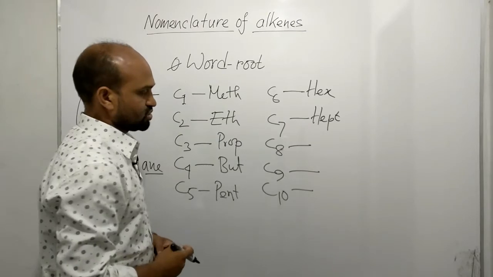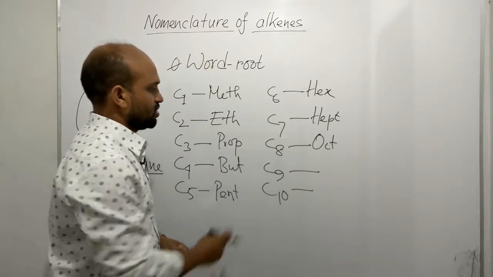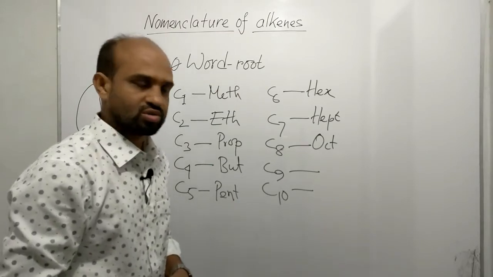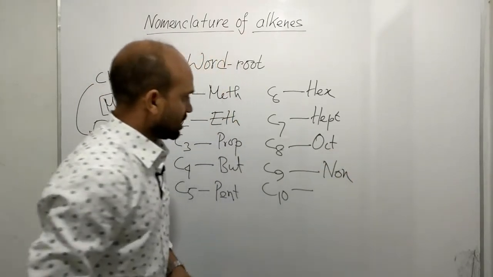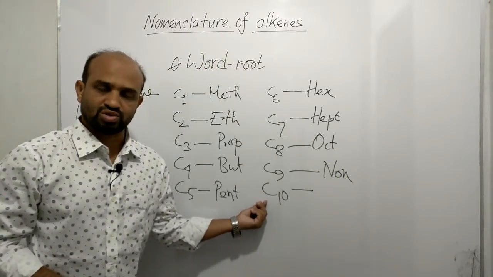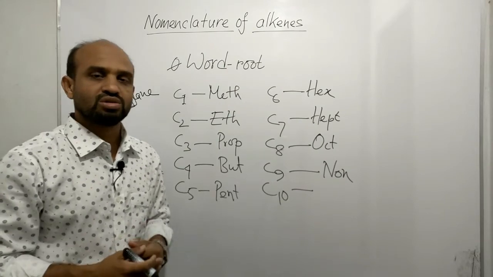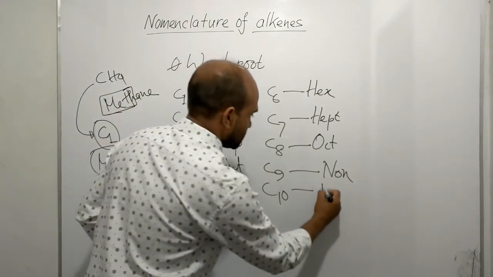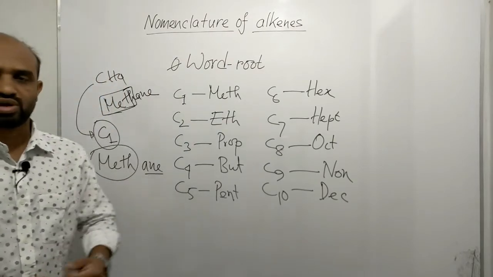For 8 carbon atoms, word root is oct. For 9 carbon atoms, word root is non. And for 10 carbon atoms, when a compound contains 10 carbon atoms, then word root is dec. So this is all about word root.